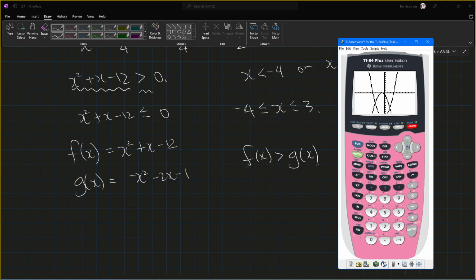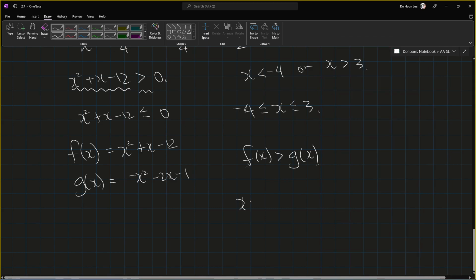We can find those by pressing second, calculate, intersect, number 5. There you go, you see the cursor, let's go near there. And then we know that x has to be less than -3.212.